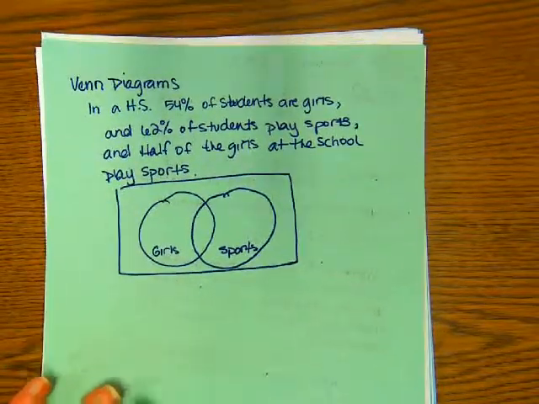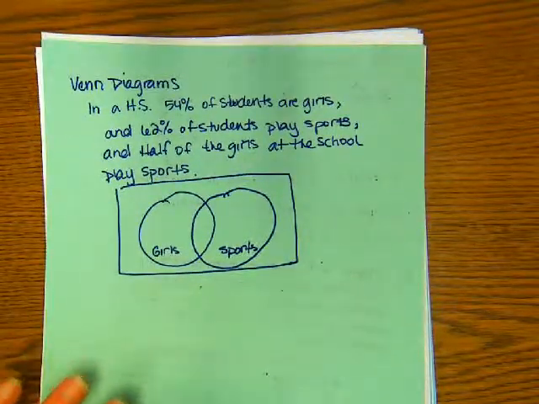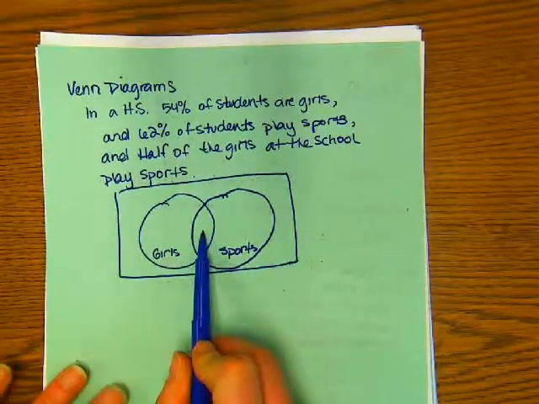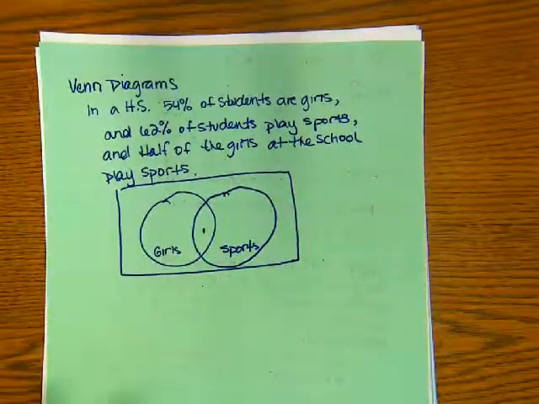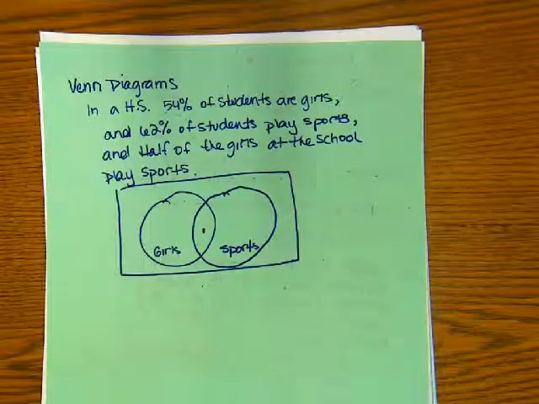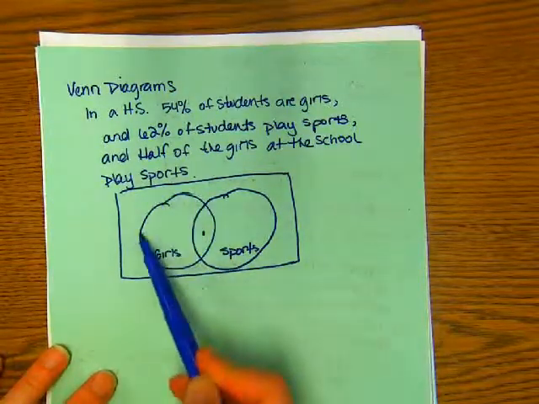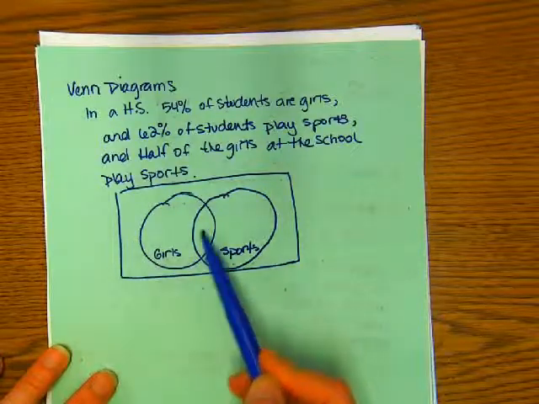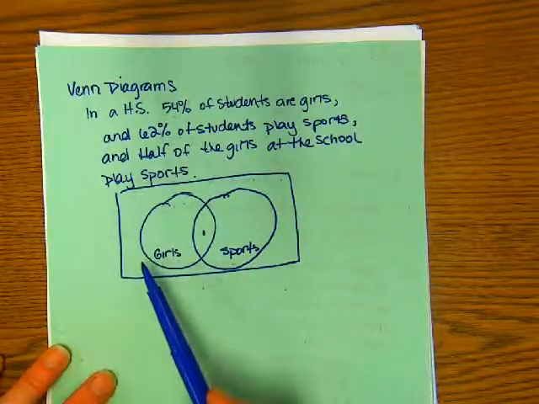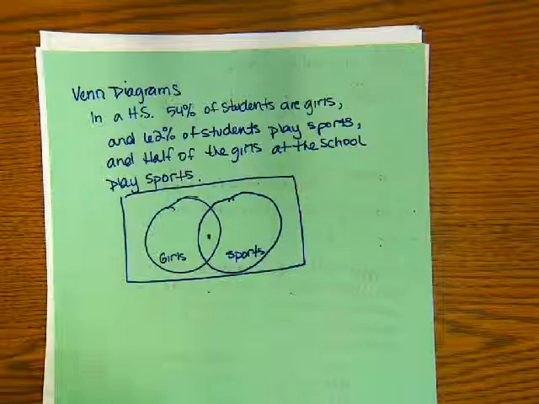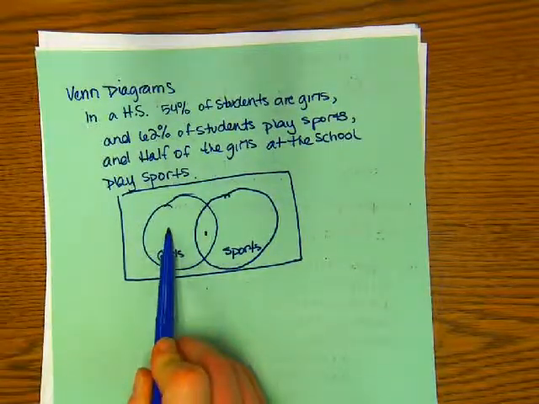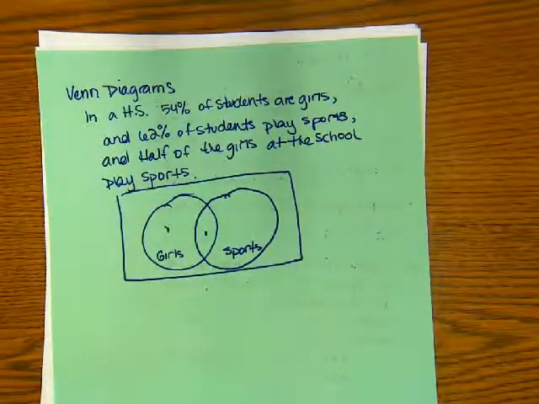Okay. So, first of all, what does this area in the middle represent? The girls that play sports. Okay, so we're going to put some percentages in here. This entire circle is what percent of the student body? 54%. But how can I figure out the percent that's over here, which would be girls who don't play sports, and girls who do play sports?